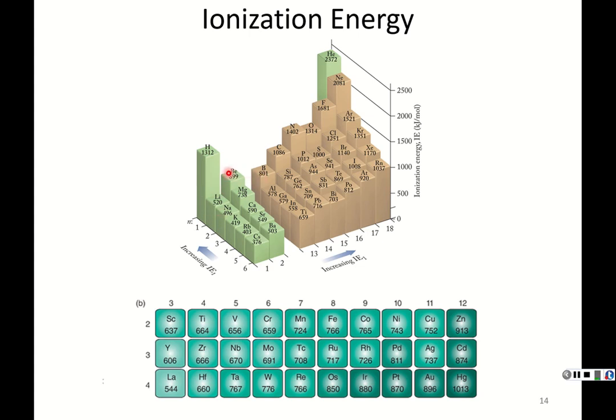With the addition of one p electron to boron, there's a step down because that one p electron is much easier to remove than that s electron in a full subshell in beryllium. Then we go up to nitrogen, and again there's another step down to oxygen, because 3 p electrons is a half-filled subshell, which is fairly stable.